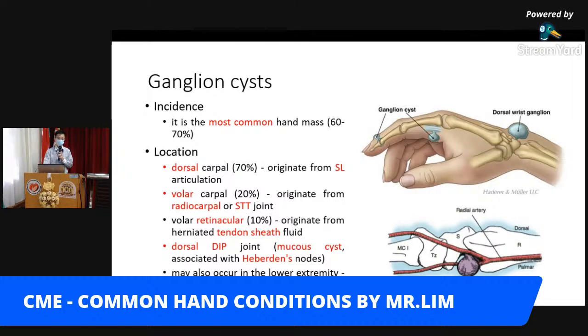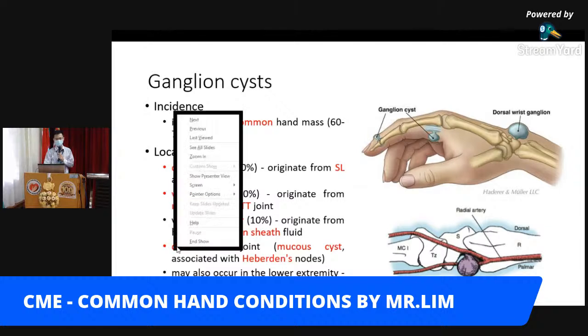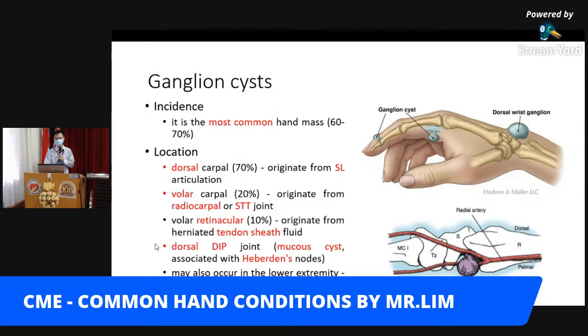So the most common one is where? This one is the most common, the dorsal carpal one, the dorsal wrist. The dorsal wrist ganglion, up to 70%.